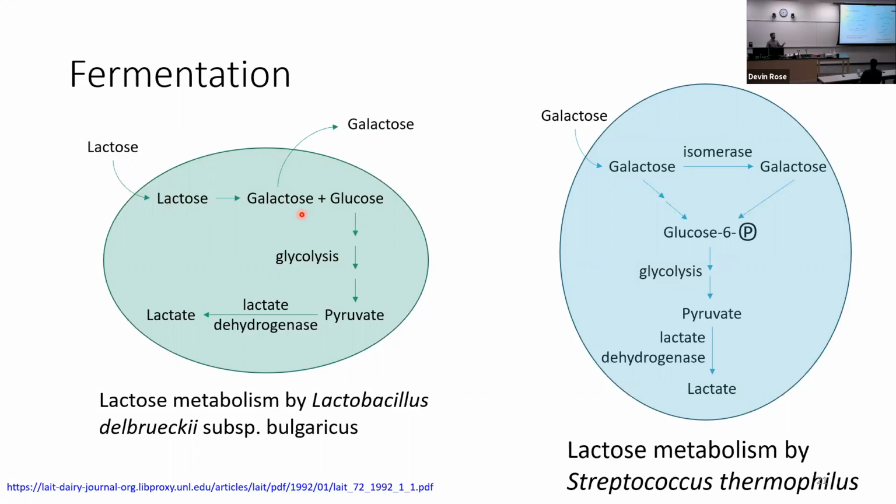And then for some strange reason, it spits the galactose out. And it only uses the glucose, and goes through glycolysis, does its metabolism. So that's where the strep comes in, because the strep can use galactose.